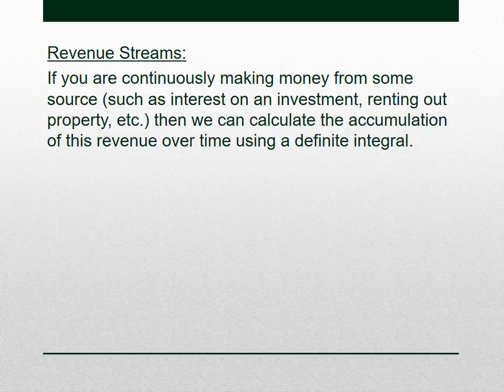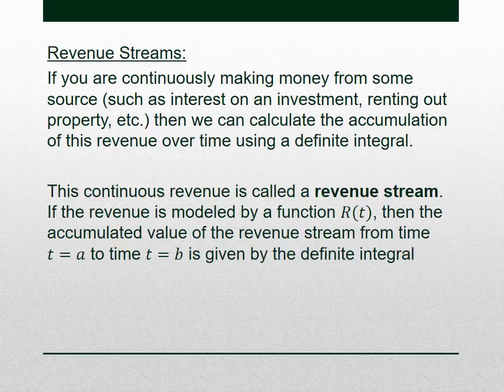Then we can calculate how that revenue is accumulating using a definite integral. That continuous revenue, the money coming in continuously, is called a revenue stream, and it's given as a function r of t.